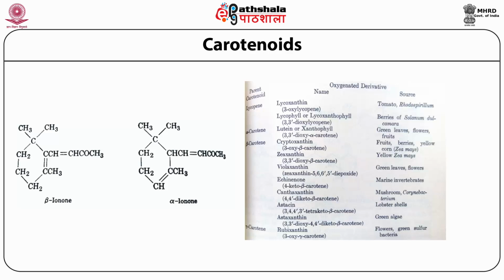Astacene occurs in lobster shells and is a 3,4,3,4-tetraketo beta carotene. Astaxanthine from green algae is 3,3-dihydroxy 4,4-diketo beta carotene. The derivative of gamma carotene, rubixanthine, occurs in some flowers and green sulfur bacteria. It is 3-hydroxy gamma carotene.